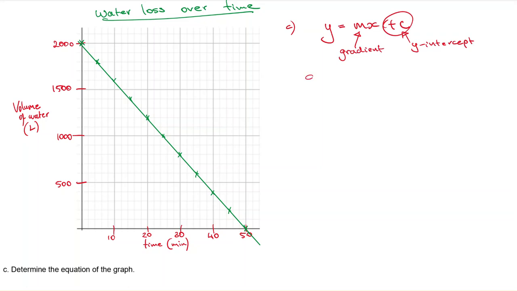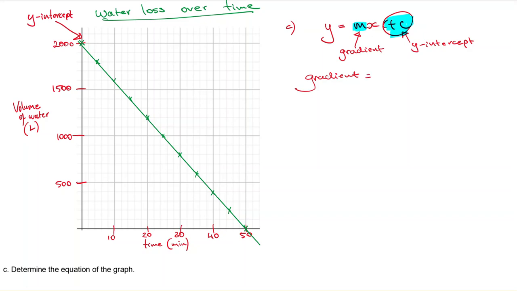Whenever a question asks for the equation, you always need to calculate two things: gradient and y-intercept. The y-intercept is easy because we know it crosses the y-axis there, so we already know it's 2000. We just need the gradient.